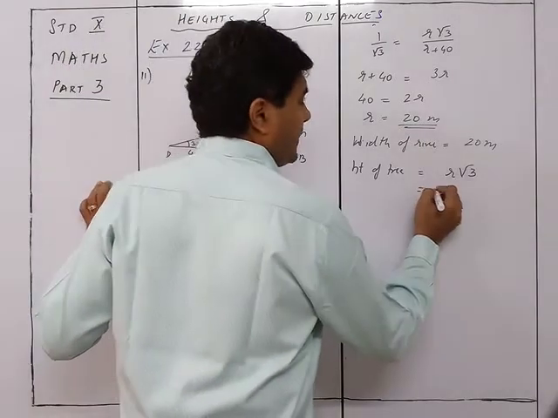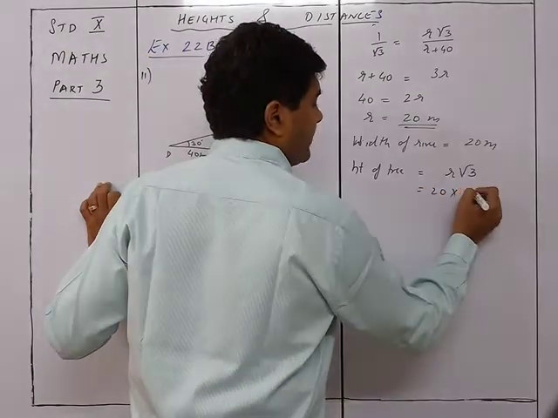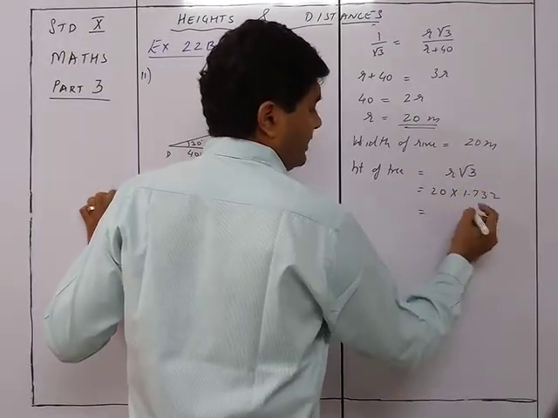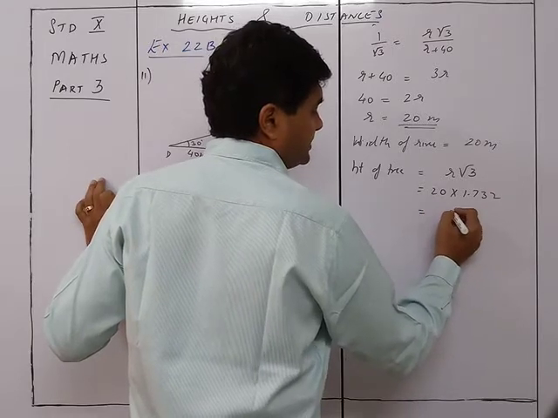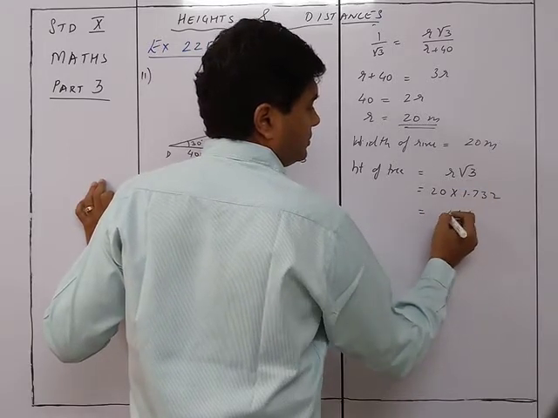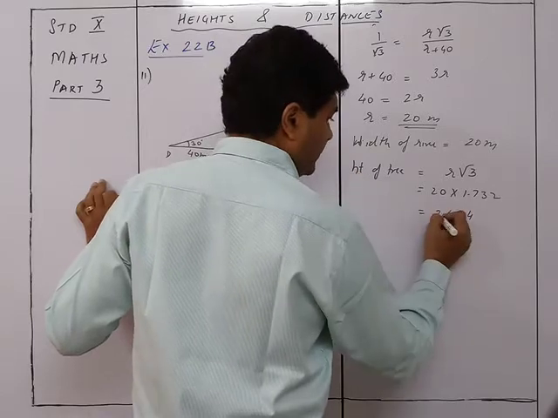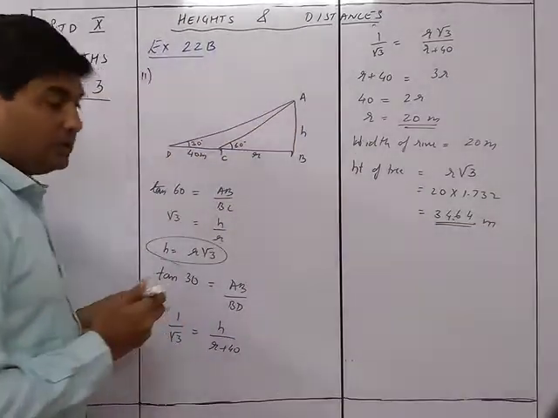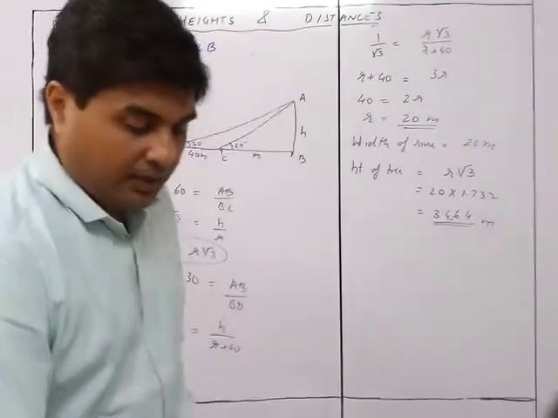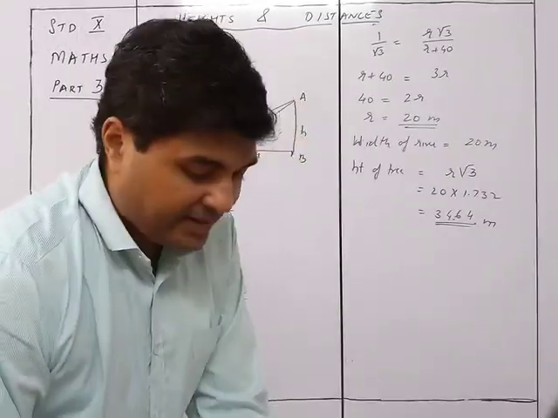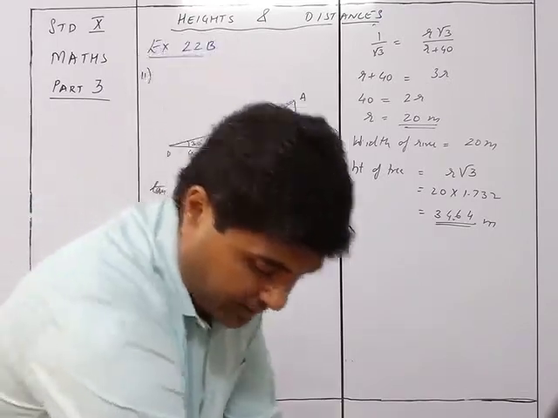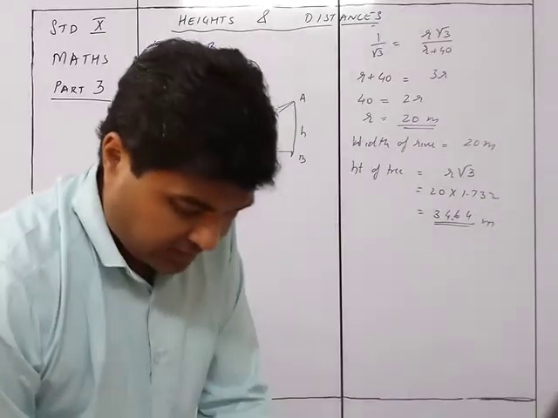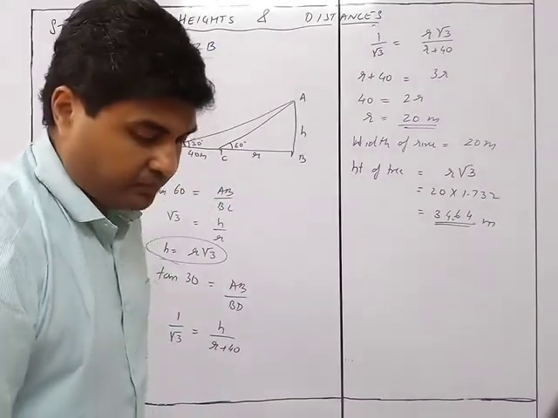So it is nothing but 20 into 1.732. That will be giving me 34.64 meters. So that was sum number 11, with the answers being 20 meters and 34.64 meters.